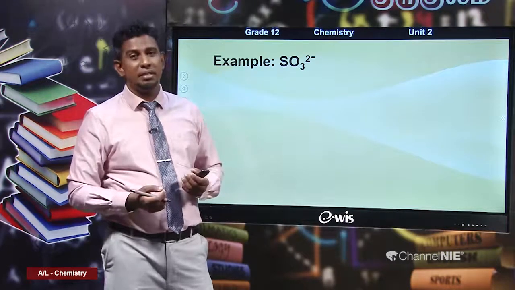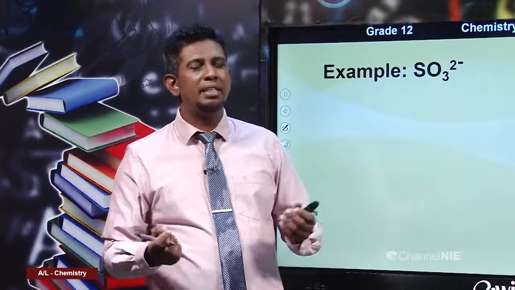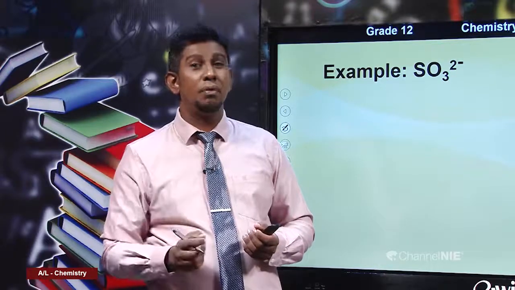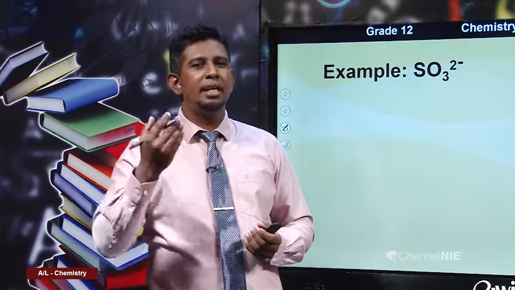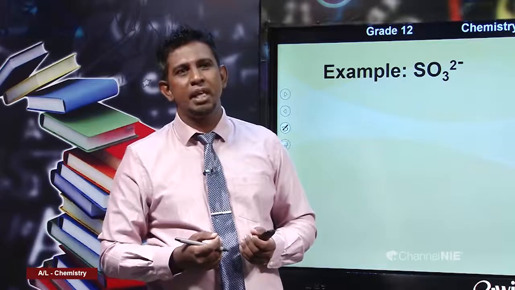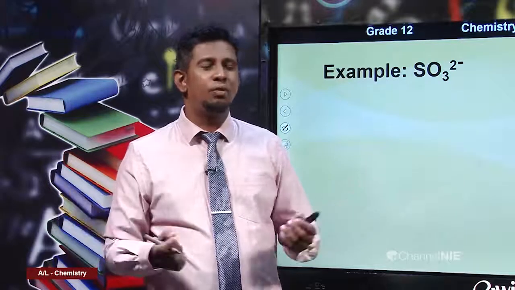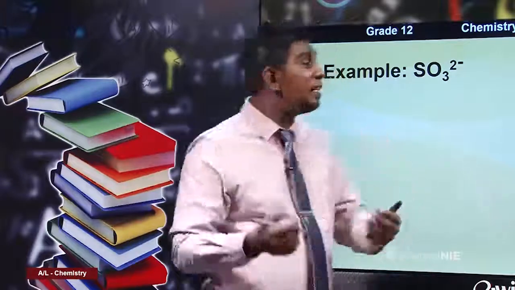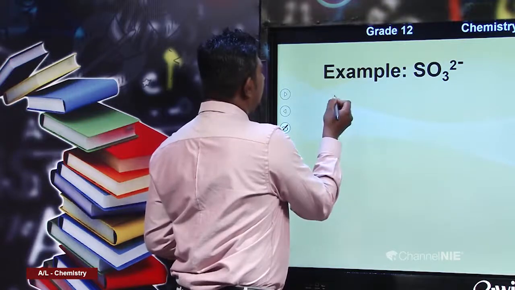Then we need to know the skeleton. Then we need to arrange the lone pairs on the most electronegative atoms, starting in descending order of electronegativity. Then we need to assign formal charges. Then we need to rearrange. Doing all of those, I could find it in this way.